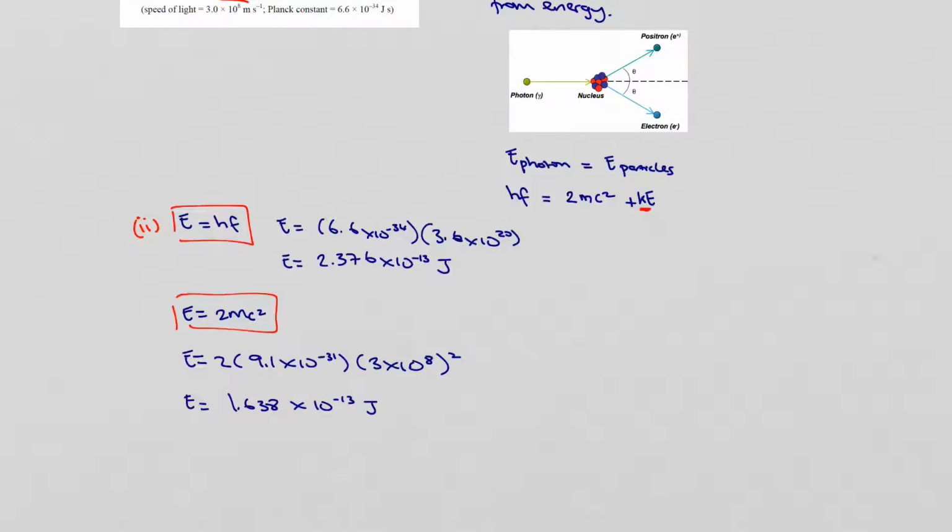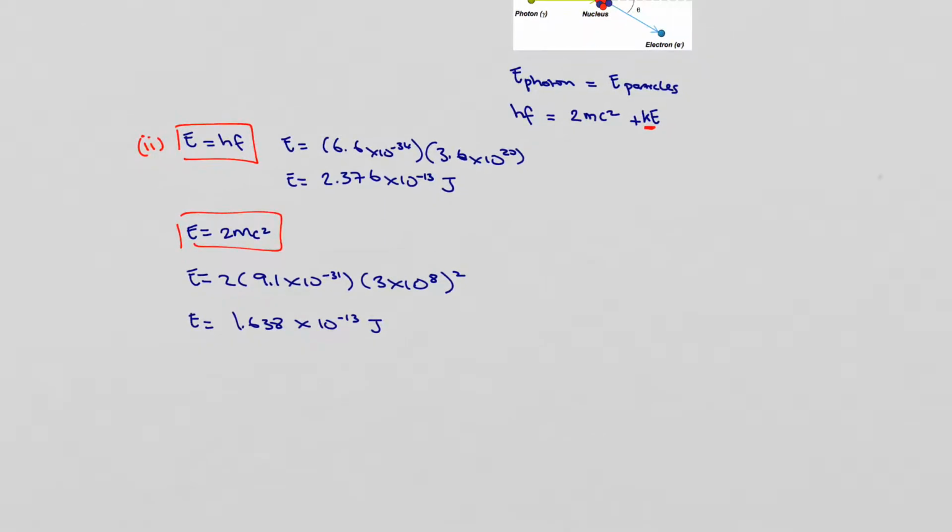So we can see clearly that there is a decrease in energy needed compared to the photon. That means there is more energy beforehand than there is afterwards. So, because energy has to be conserved, the difference in the energy before and after will be the kinetic energy gained by the two particles.